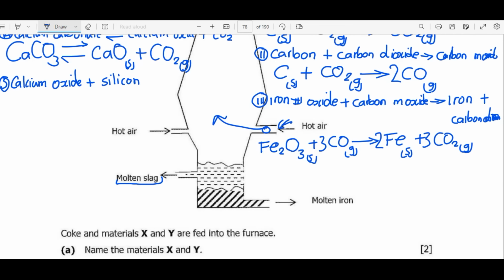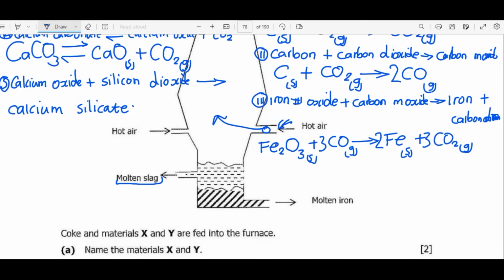Silicon dioxide is just the sand. In science we call it silicon dioxide, and this is one of the impurities that we want to get rid of here. So silicon dioxide, and we are going to have calcium silicate.